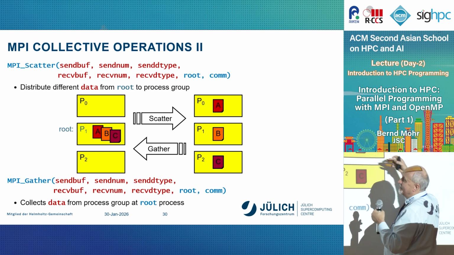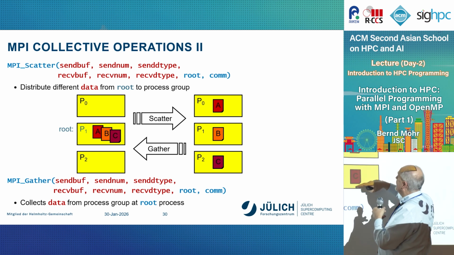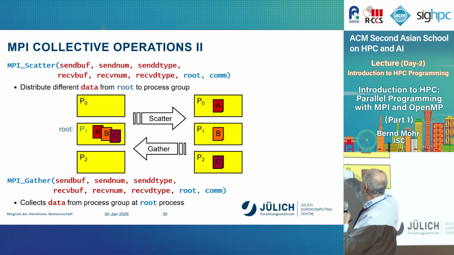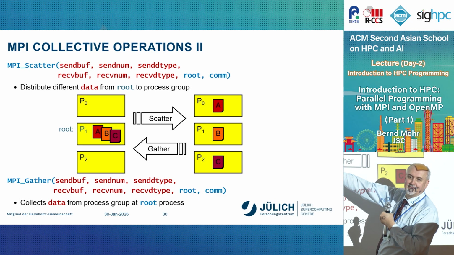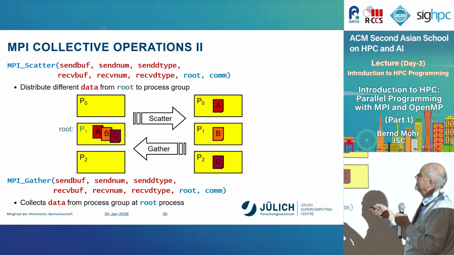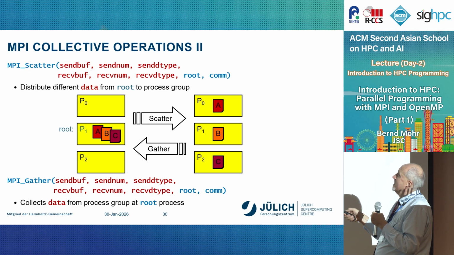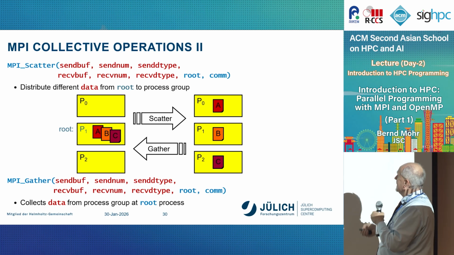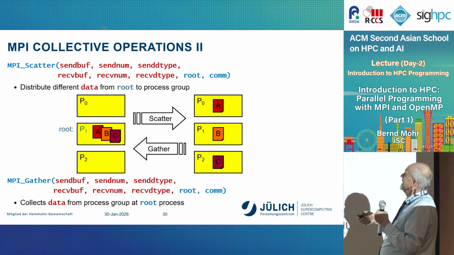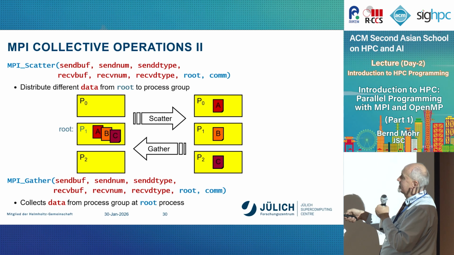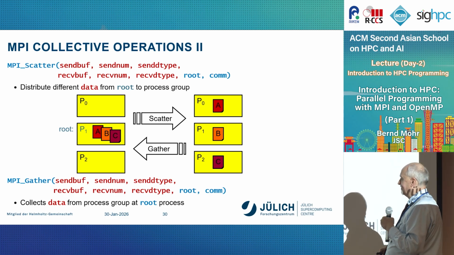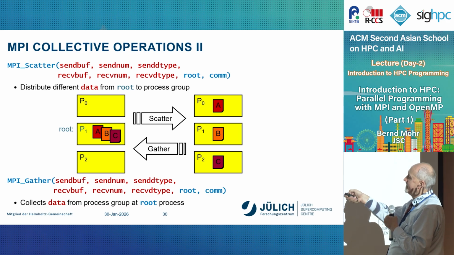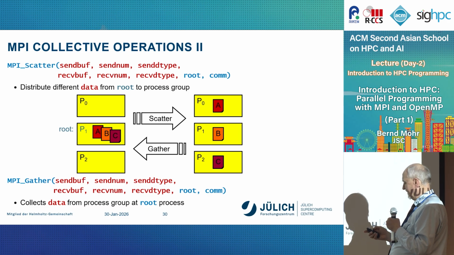If you do it the other way, collecting these so that one process gets a vector of the copies, it's called a gather. With these operations you specify the inputs, what goes in, what goes out, and again who is the root, either sending or collecting.